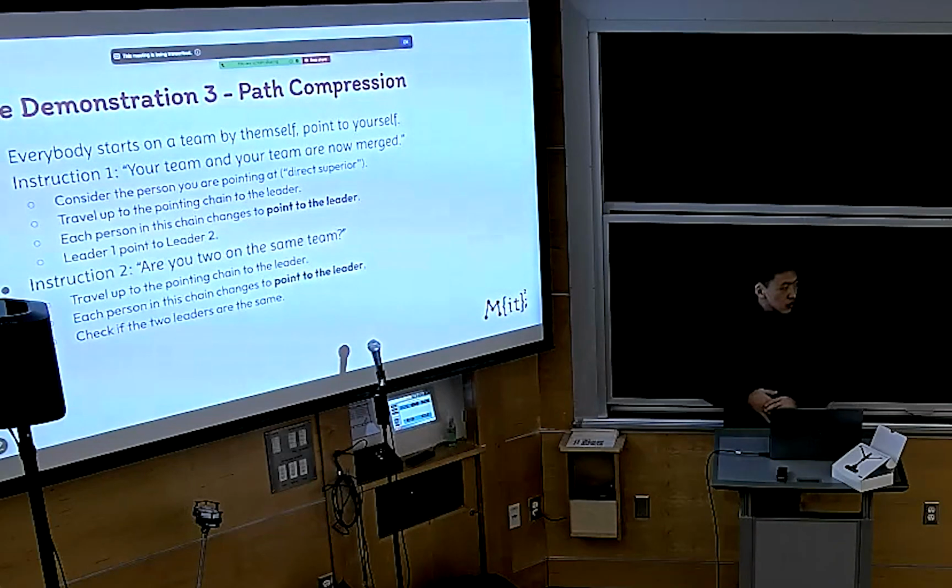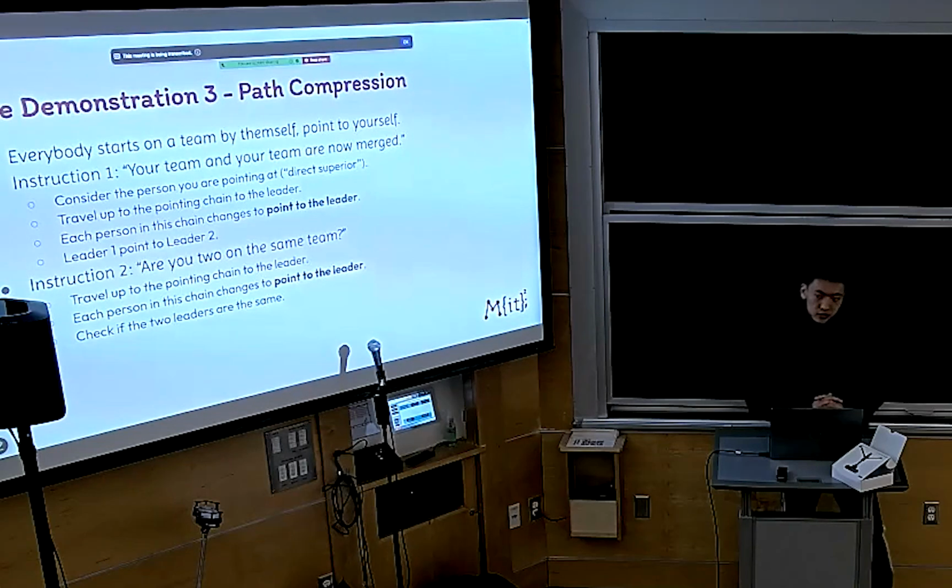So instead, the first time we ask that question, you already know that your leader is now her, right? And so instead of this long chain, everybody in the back 3 can now directly point to her. We could also see that over here.